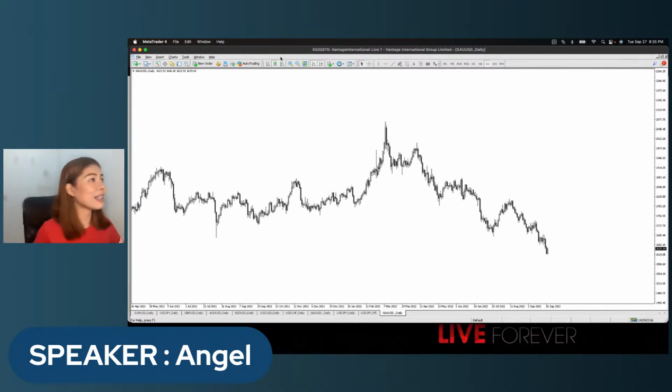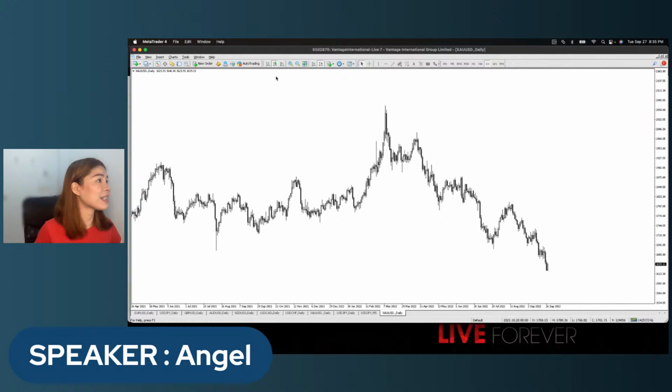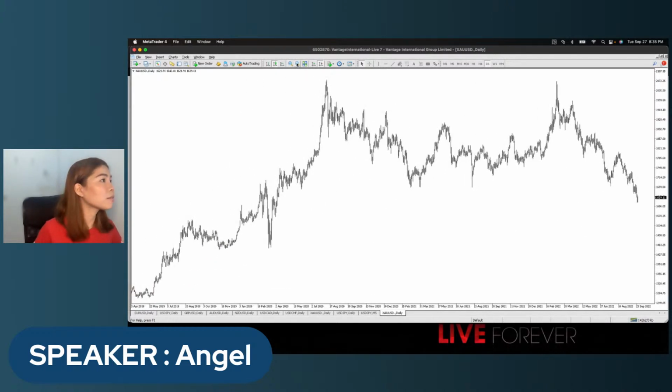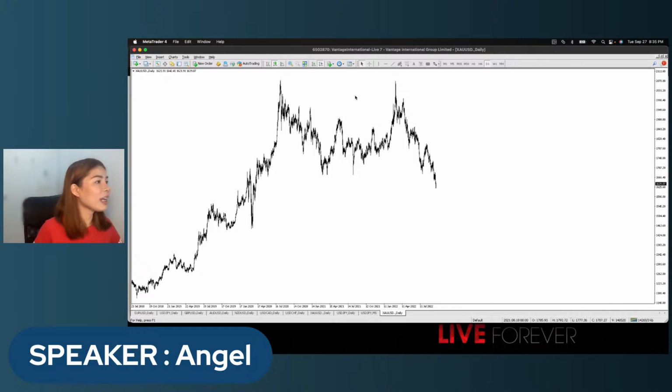I have a trick that I like to do when I am trading using Fibonacci retracement. This is applicable on any time frame, right? But what I like to do is zoom out and see what the recent trend is. So this is a downtrend. The recent trend right now is a downtrend.